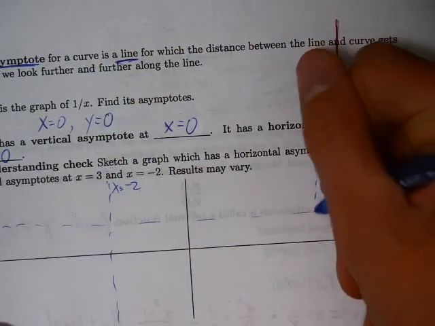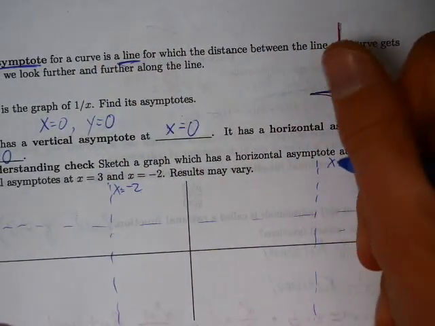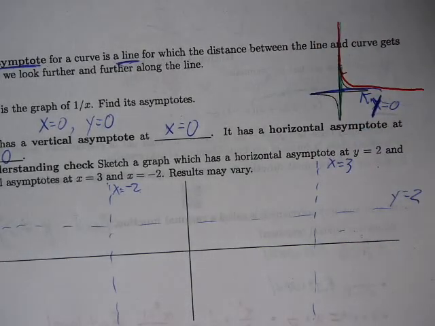And a vertical asymptote at x equals 3. Sketch for me a function which gets close to all three of those lines very far away from the origin. And I mean, of course, there are infinitely many things you could possibly draw.